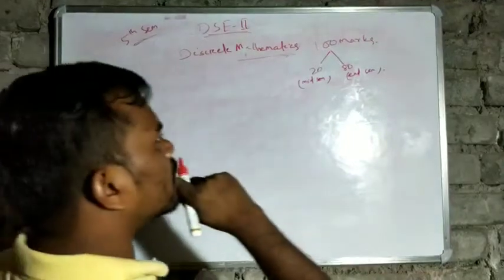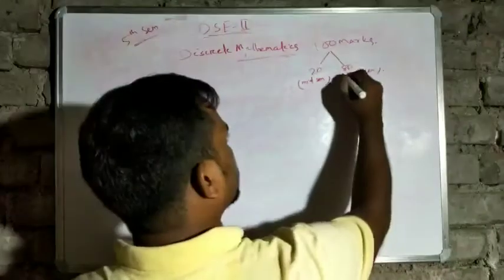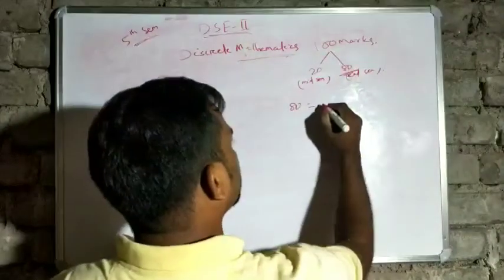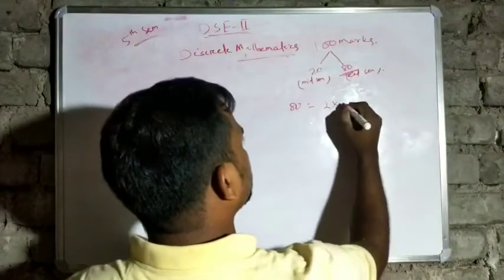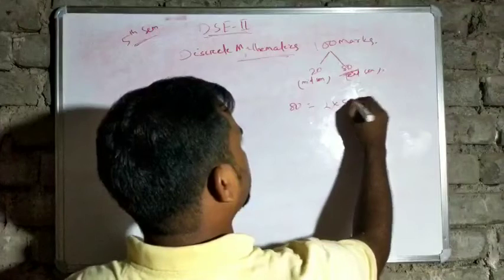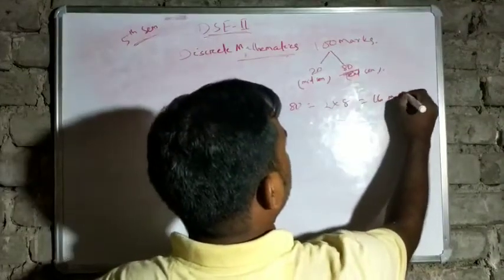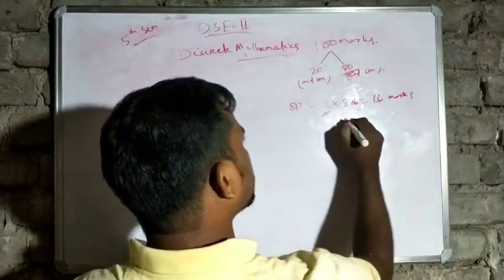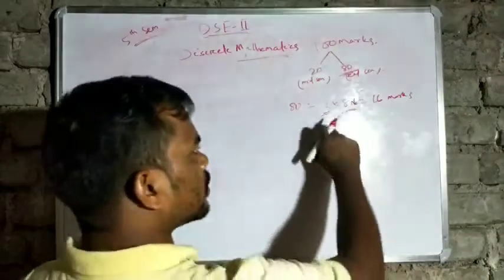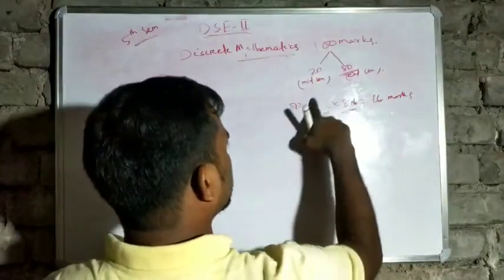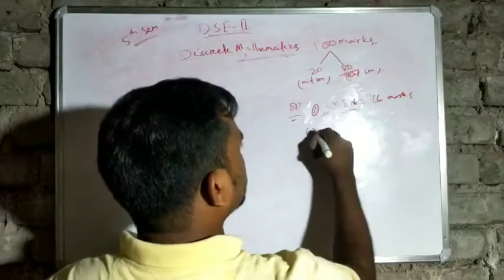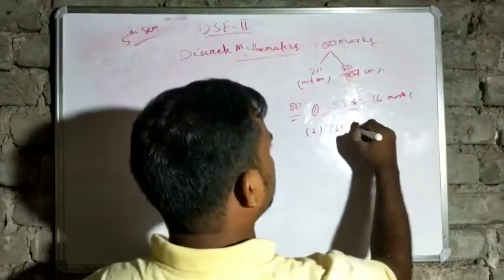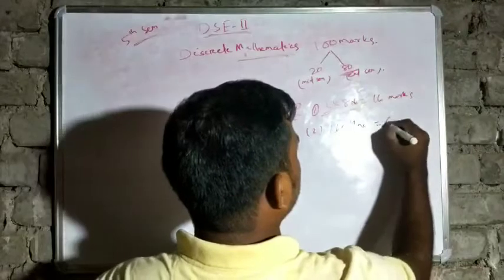And what is your question pattern? In your 80 mark end-sem, you will get 2 mark questions, 2 cross 8, this is 16 marks. So there are 8 questions carrying 2 marks, total 16 marks. And 16 mark questions, there are 4 questions, so this is 64 marks.